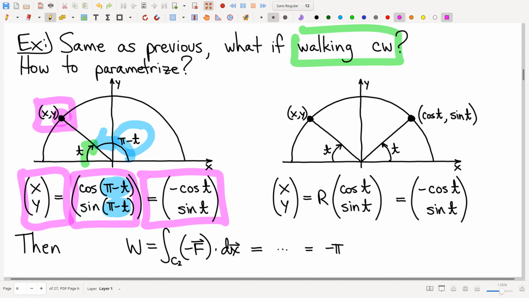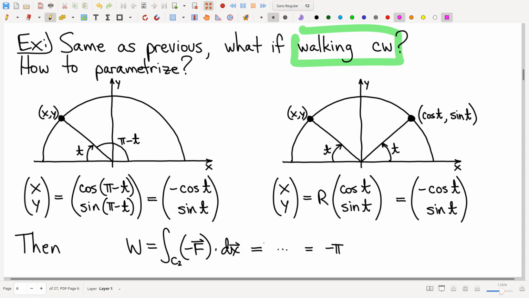Okay. Let's talk about this other parameterization. Here's another really slick idea. Very clever. Here's what I want to parameterize. I want to parameterize going clockwise around this circle. Here's the thing I already know, though. I already know how to parameterize counterclockwise.